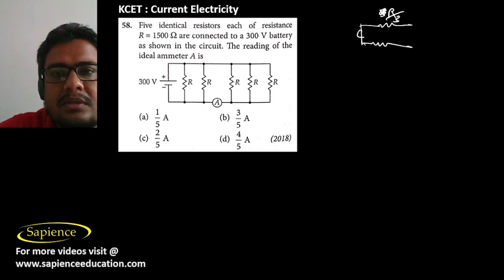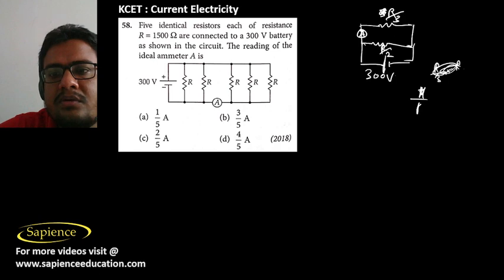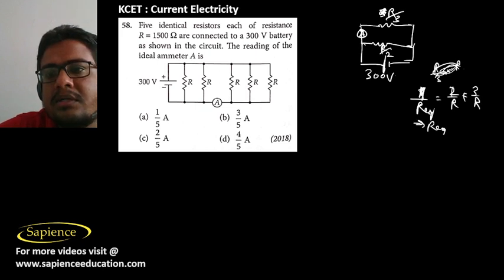Therefore this is the ammeter and this equivalent is R by 2, and here we have the battery which is having EMF 300 volt. The reading of the ammeter is how much? It means how much current will flow in the circuit. Their R equivalent is R by 3 into R by 2, so 1 by R equivalent is like 2 by R plus 3 by R is 5 by R, so R equivalent is R by 5.